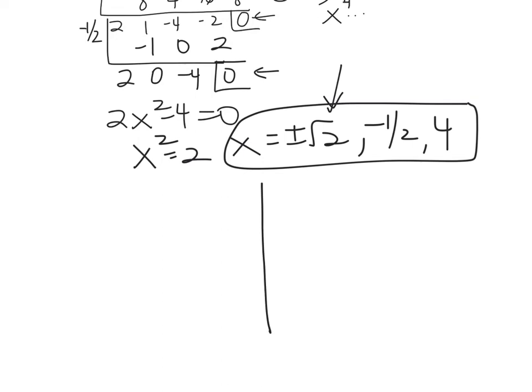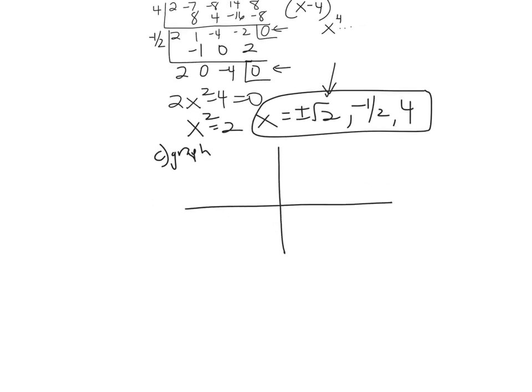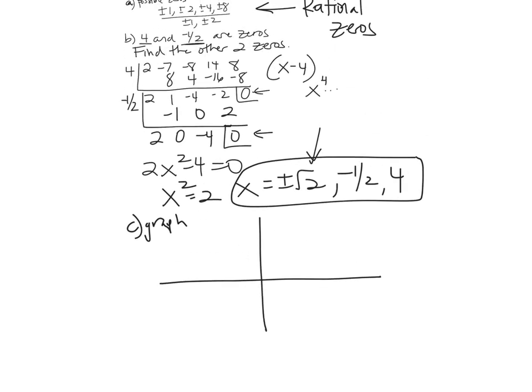And then you can actually graph this polynomial now. So letter C, let's go ahead and graph it. From our leading coefficient test, this is an even degree with a positive leading coefficient, so it's going to rise left and rise right. And we have our zeros here. We have plus or minus rad 2, which is 1.4, 1 point something like that.